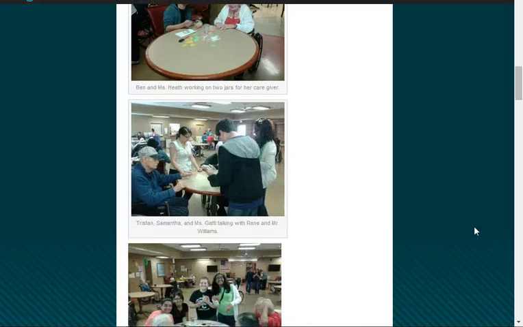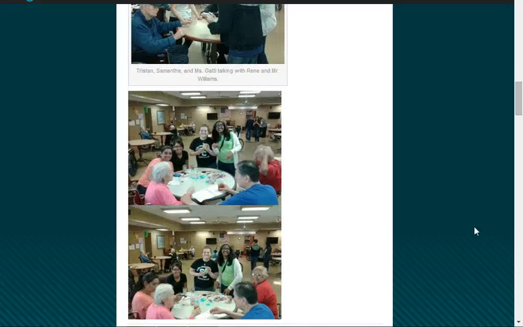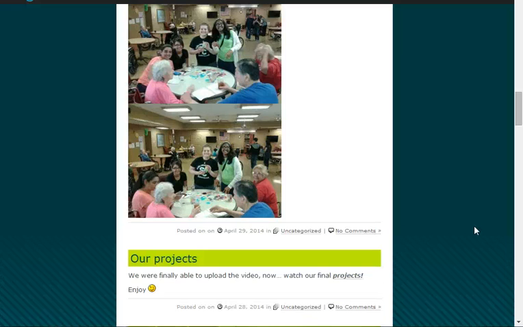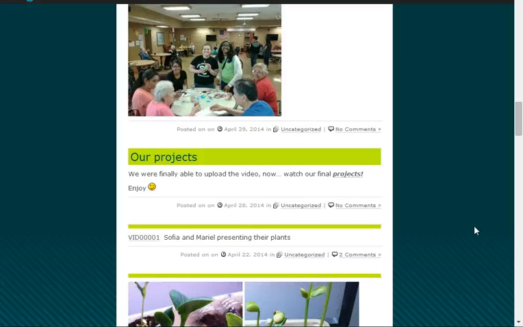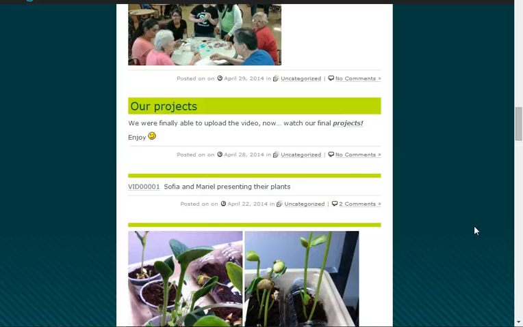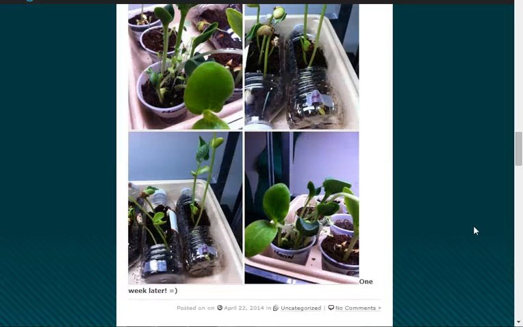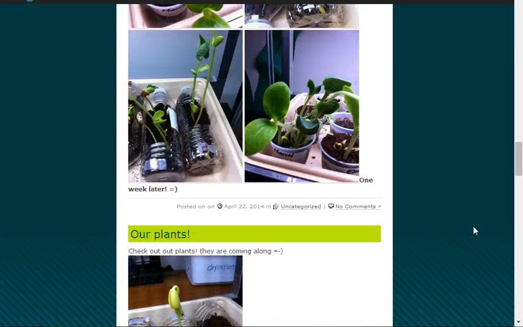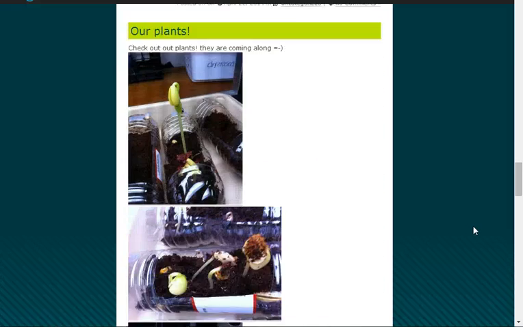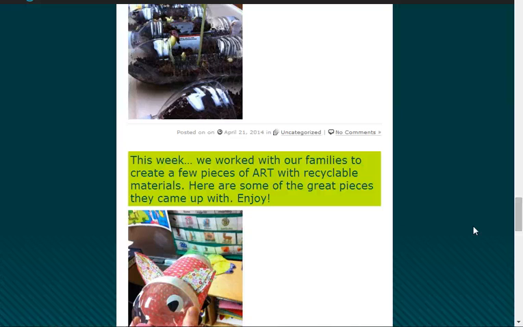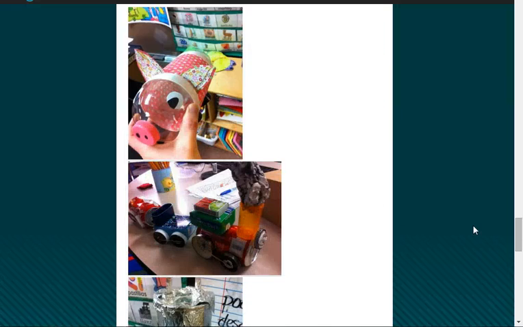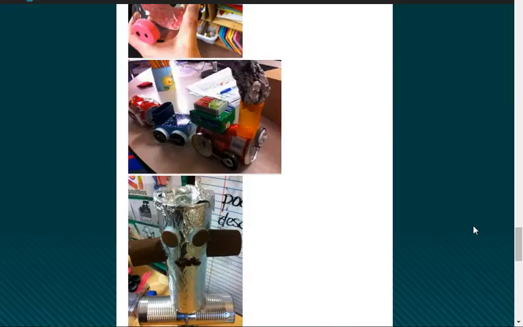Students visited a local retirement center and showed the retirees how they could take their unwanted items or no longer needed items like plastic and glass and turn them into planters, candle holders, as well as some other fun items.